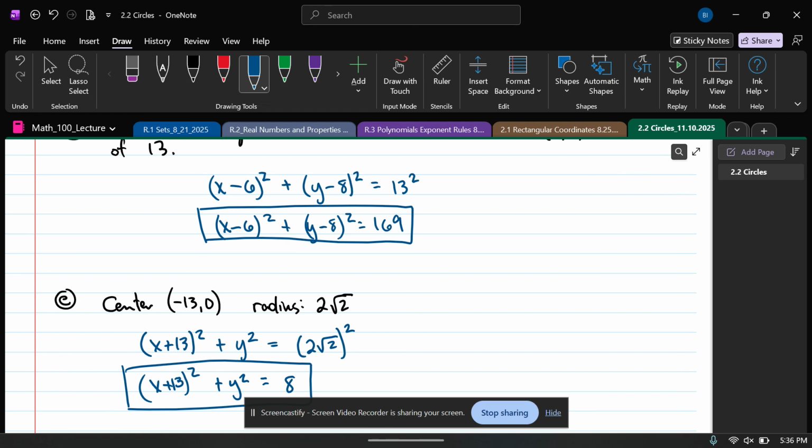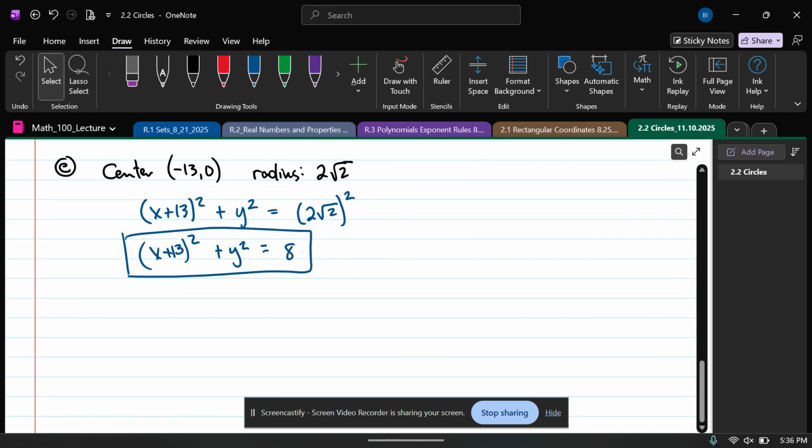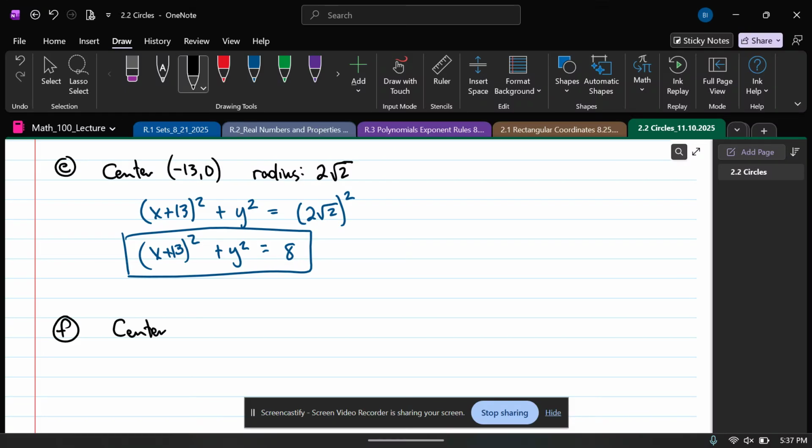One more. Center negative 4, negative 5, with a diameter of 14.